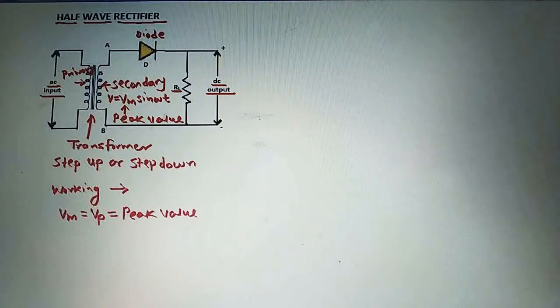The next point in this: during the positive half cycle, this terminal A is positive with respect to terminal B. This terminal B is negative.